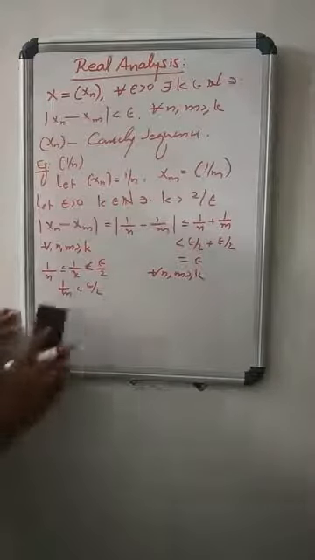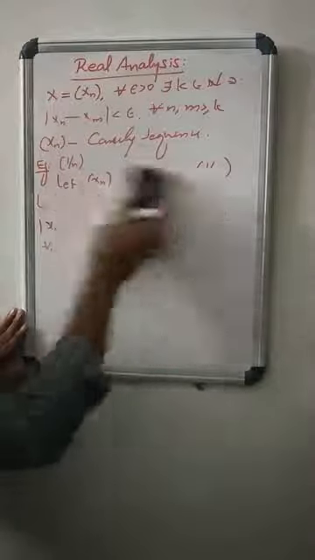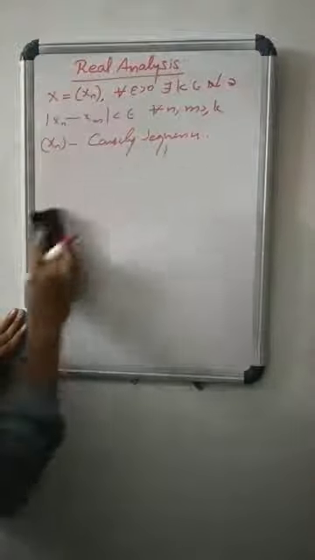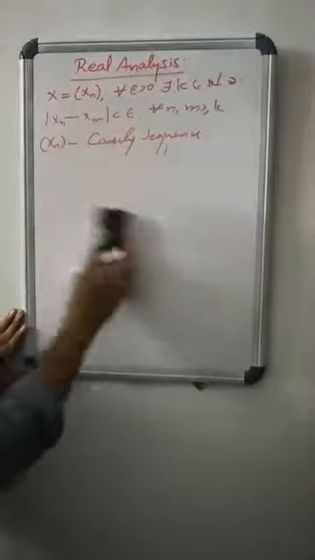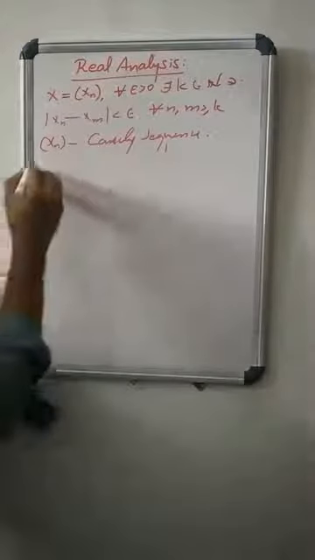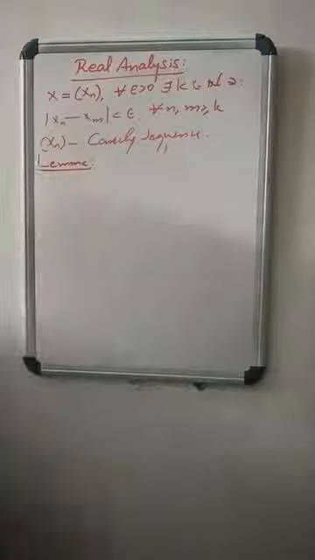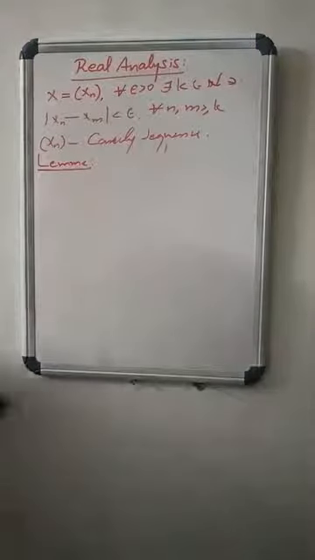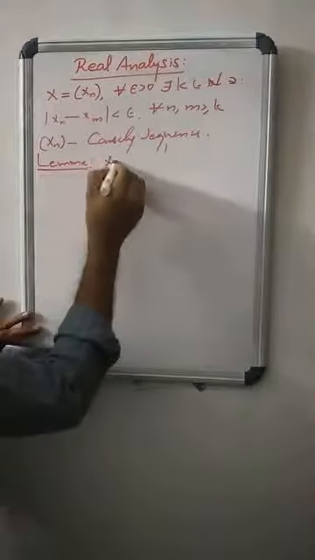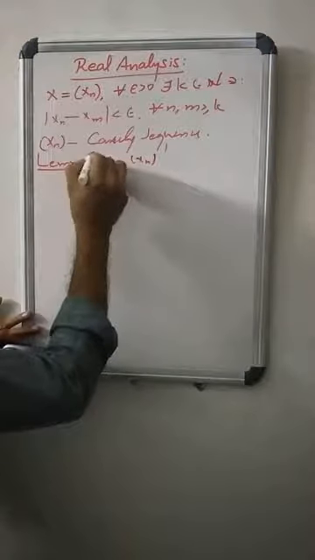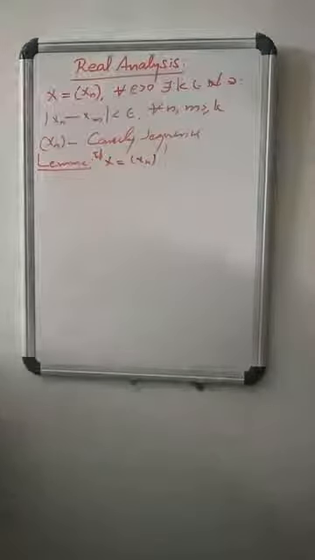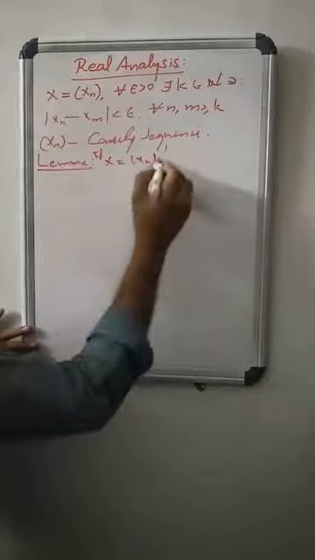Now come to a result, a lemma. The lemma states that if x equals (xn) is a convergent sequence of real numbers, then x is Cauchy.